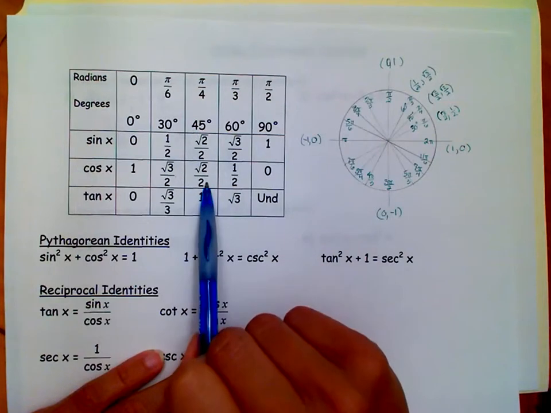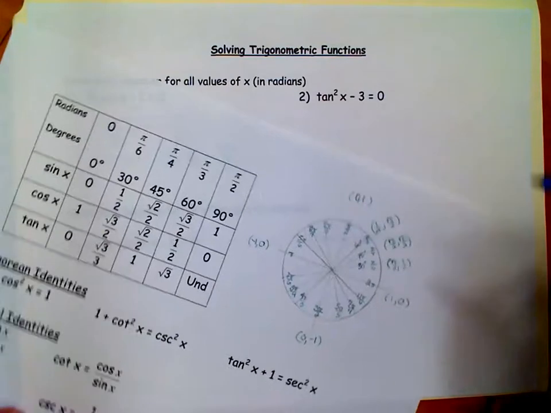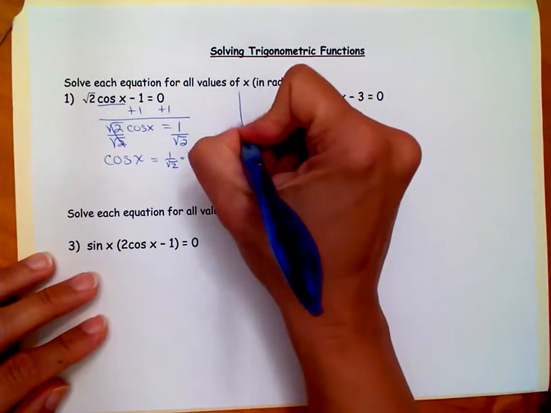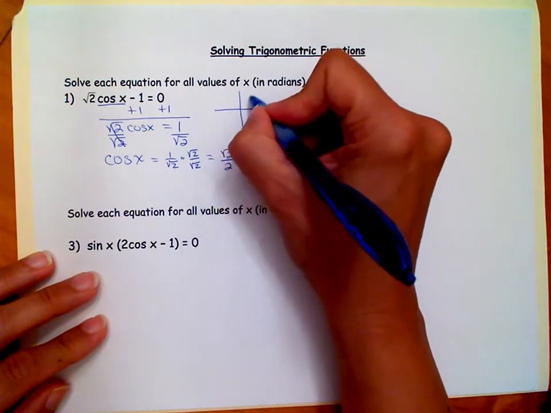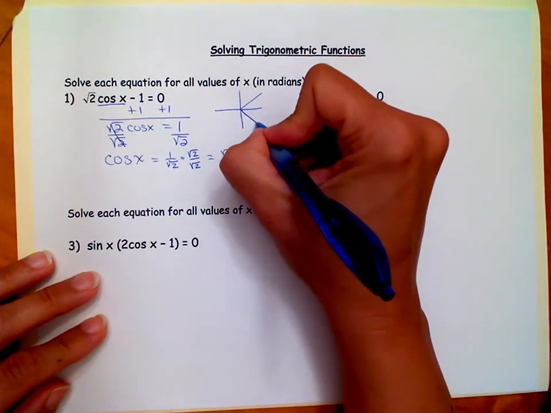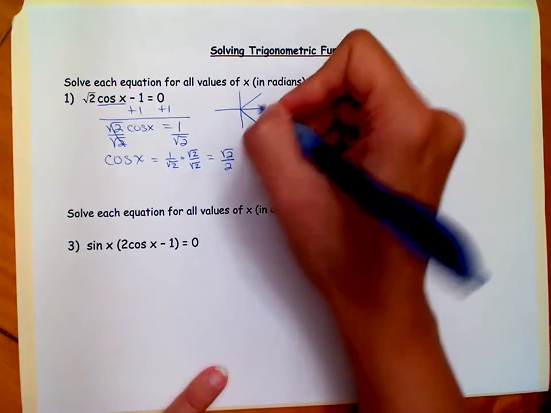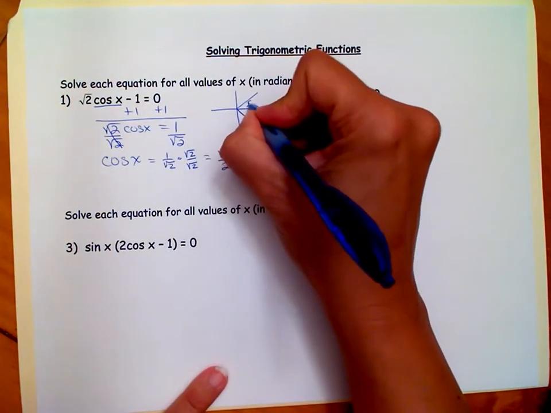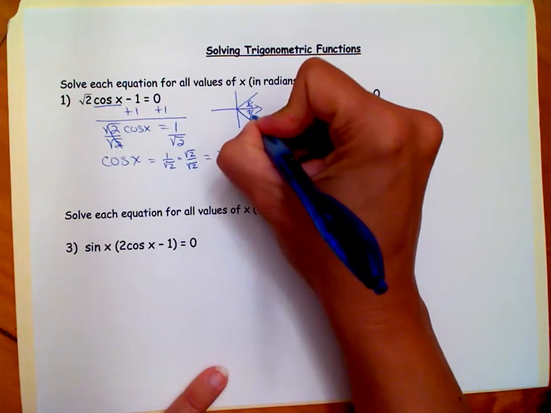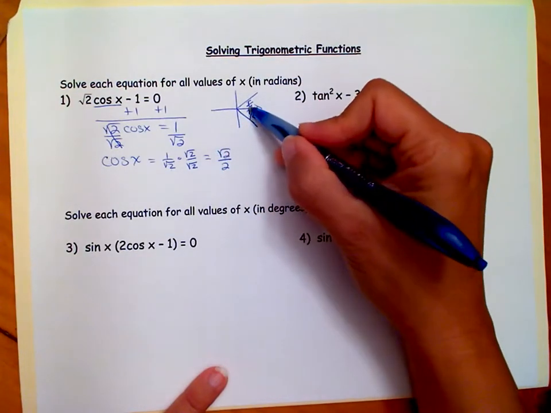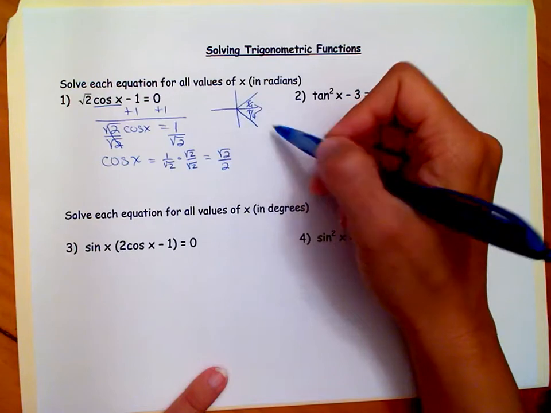And then I also have to know when cosine is positive. Cosine is positive in this quadrant and this quadrant, because cosine is x, and when you go right, x is positive. So my reference angle is pi over 4, and I'm pi over 4 from the x-axis.